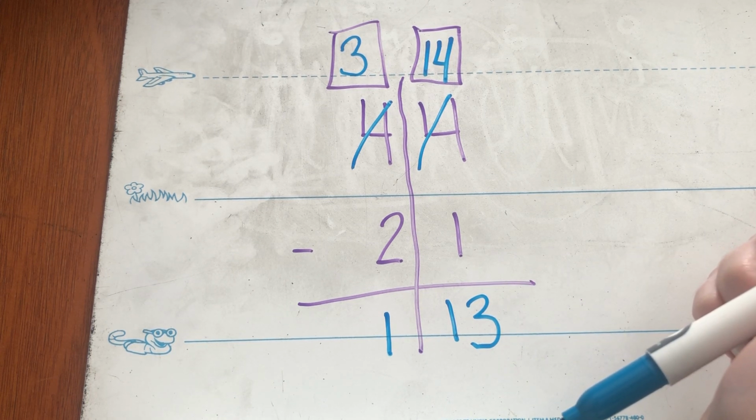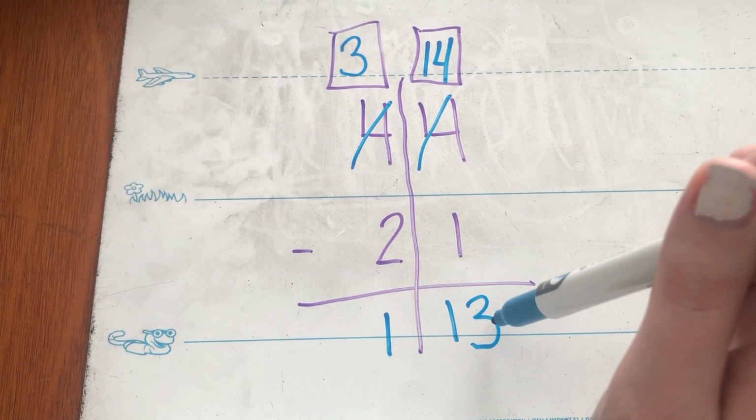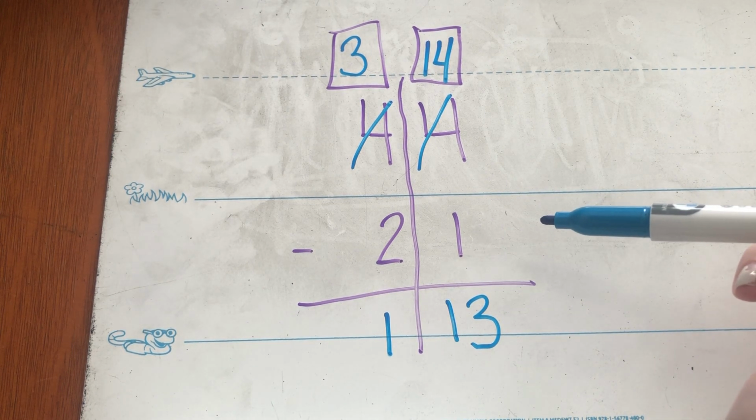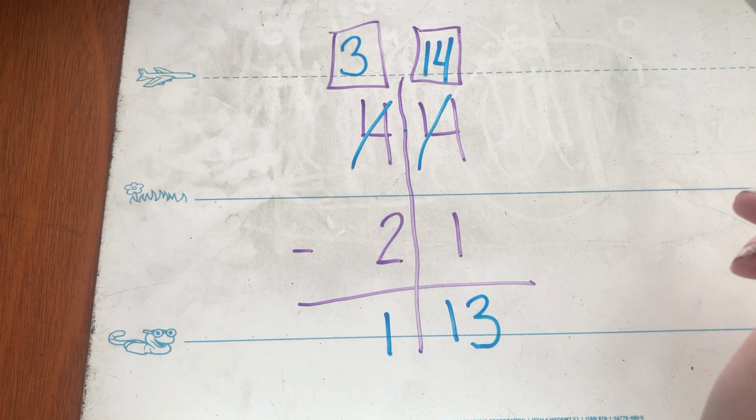Is that the right answer? No, it's not the right answer. What happened is there's an extra 10 over here by accident, because when we regrouped, we moved that 10 over into the 1 spot.